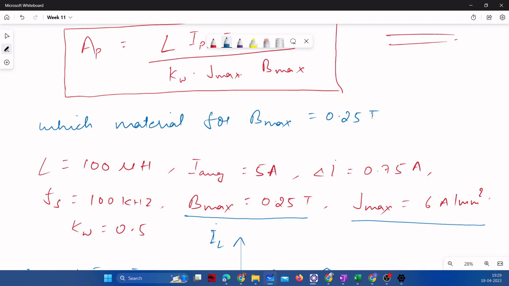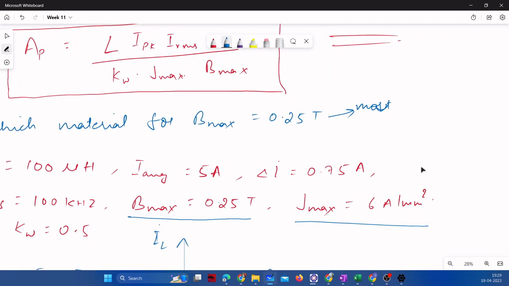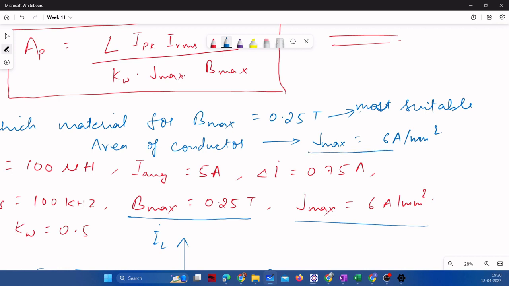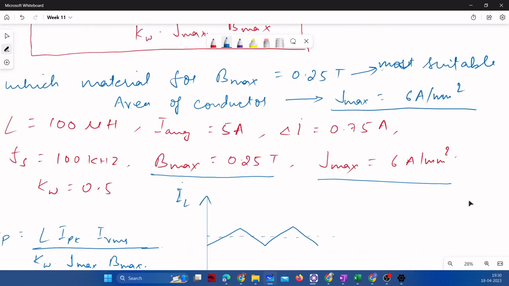I know all of your answers would be different, but which material would be most suitable, nearest to the requirement, and how much area of conductor you will use to cater the J max of 6 ampere per mm square. Please think about these two parameters and let me know in the next session.